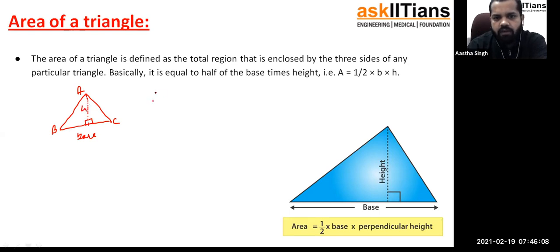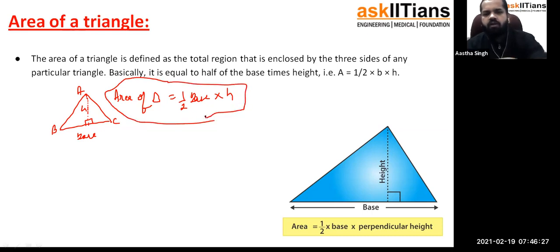So your area of triangle is equal to half base into height h. I think you all have known this formula, and we have done question-based practice also.